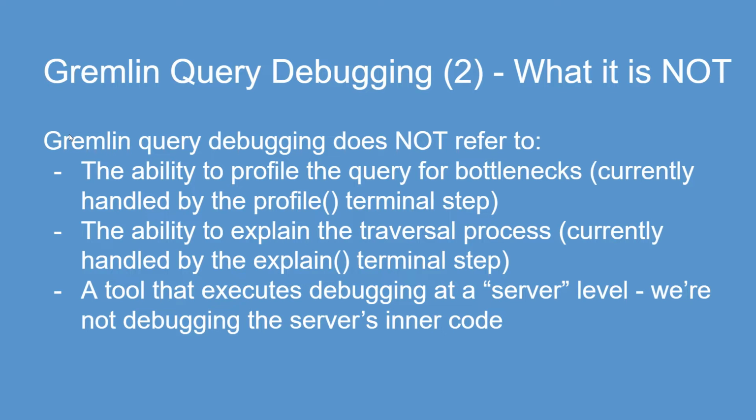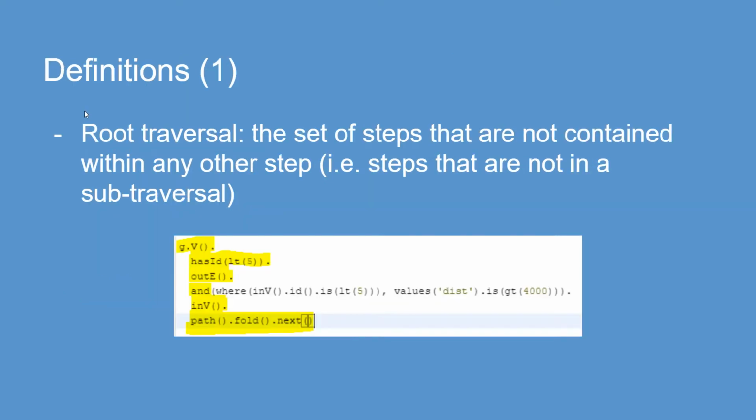There's also a profile step, so I'm not trying to do something above or on top of this. And last but not least, Gremlin query debugging is not a tool that is going to debug at a server code level. We're not providing something that debugs whatever the Gremlin implementation's inner code is. We're simply providing functionality to debug the query itself.